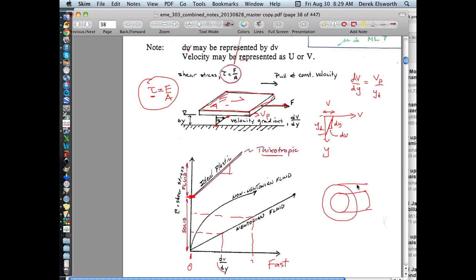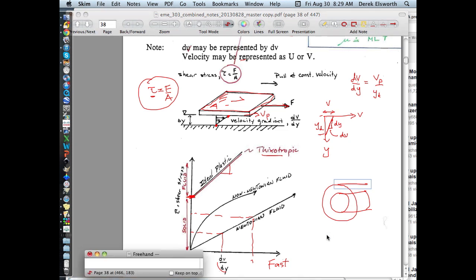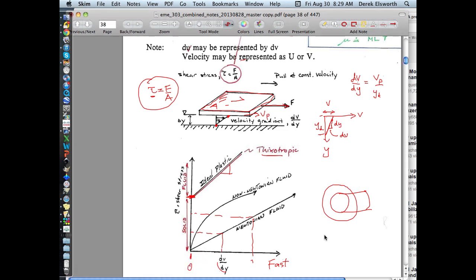And so you could imagine that if this piston is going through at some velocity, relative to this static annulus, and this is a fluid in here, then the appropriate geometry would be that the fluid at this point is going with zero velocity, the fluid at this point is going with some velocity v, and so this profile of velocity would just be this. So this would be dv/dr in this particular case.